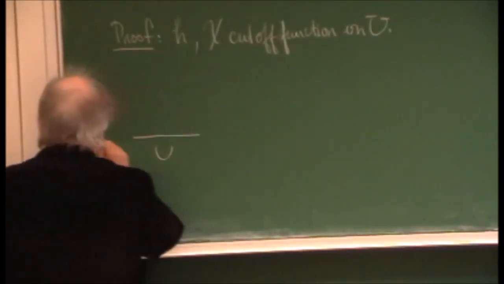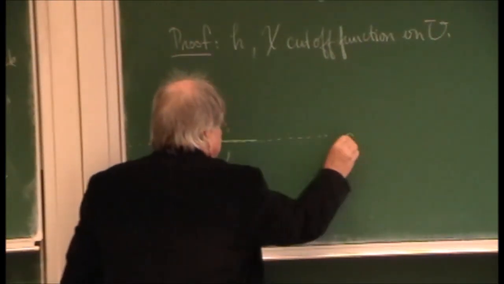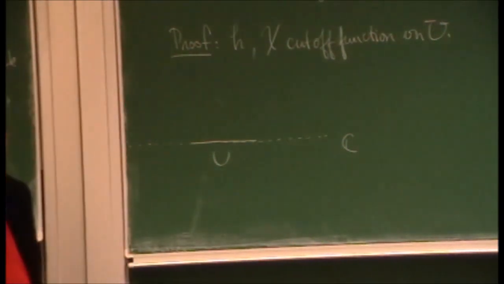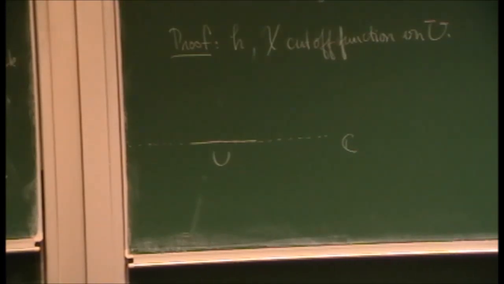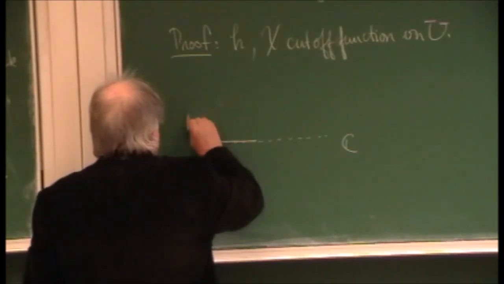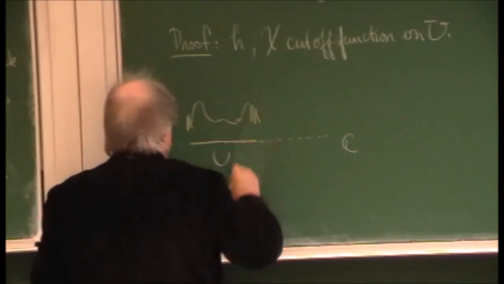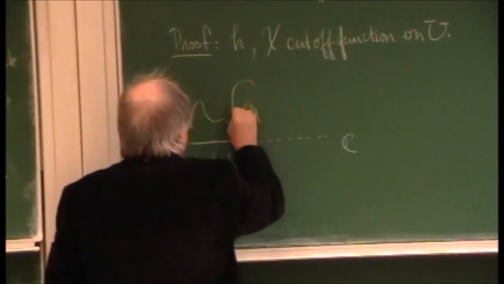Here's U, something like this, and here's the rest of the complex plane. And we have some really odd boundary value for these functions, some terrible function on the boundary. That would be the given function H.